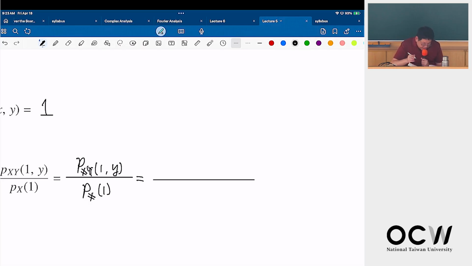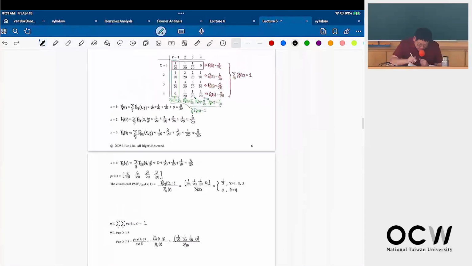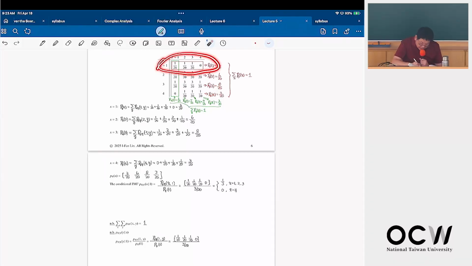The joint PMF with x equal to 1 and y gives 1 over 20, 1 over 20, 1 over 20, and 0. And the marginal PMF of x at 1 will be 3 over 20.